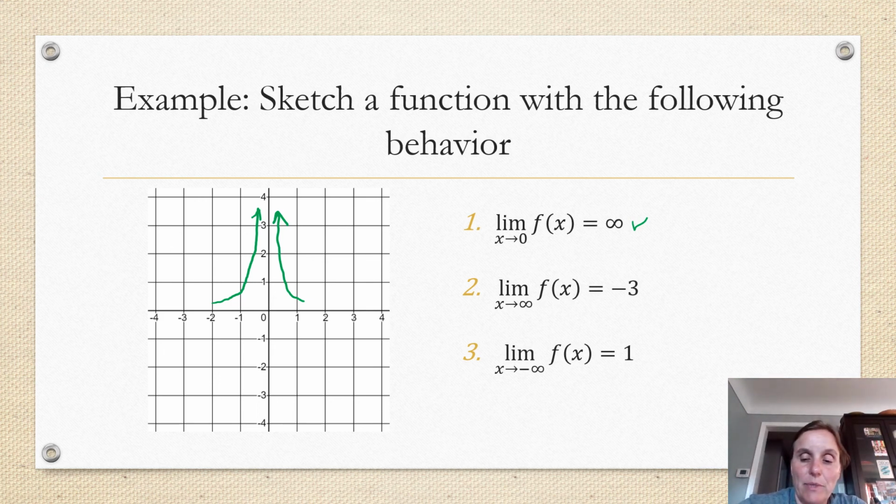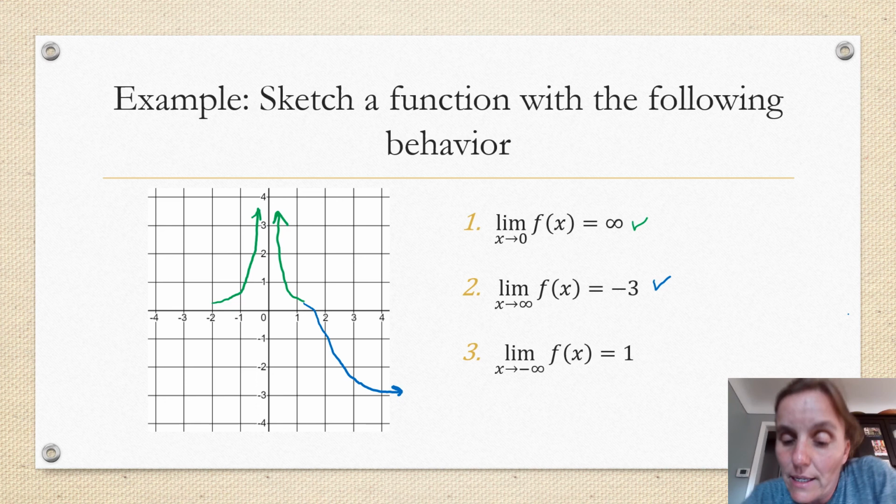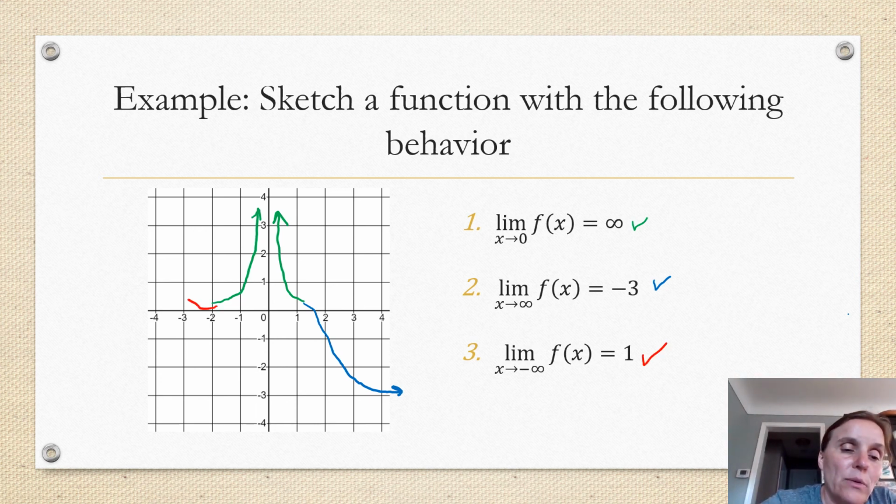And then the second piece is that our function as x goes to positive infinity is approaching negative 3. I don't know what's going on with our function, but I do know that at some point it levels off to look like it's approaching negative 3. And as x goes to negative infinity, our function is approaching 1, so we're going to have it level off at 1.